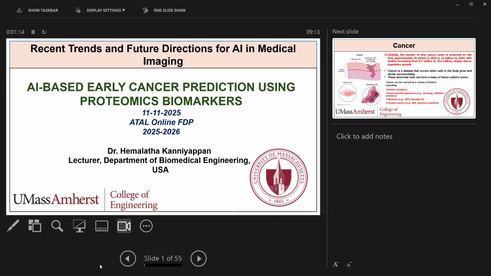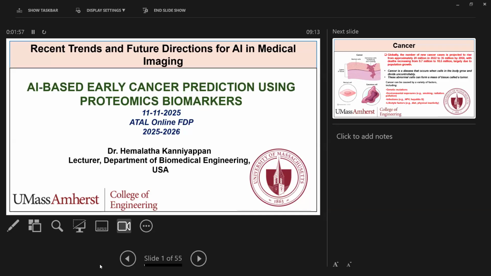The flow of my talk will be like this: first I'll introduce you all to cancer and the limitations of the current diagnostic methods, what are the ways to diagnose cancer and what are its symptoms, where we are falling apart in not significantly diagnosing cancers, followed by what are the efficient methods to predict cancer at its early stage, mainly to improve patient survival rate, and then followed by the incorporation of machine learning.